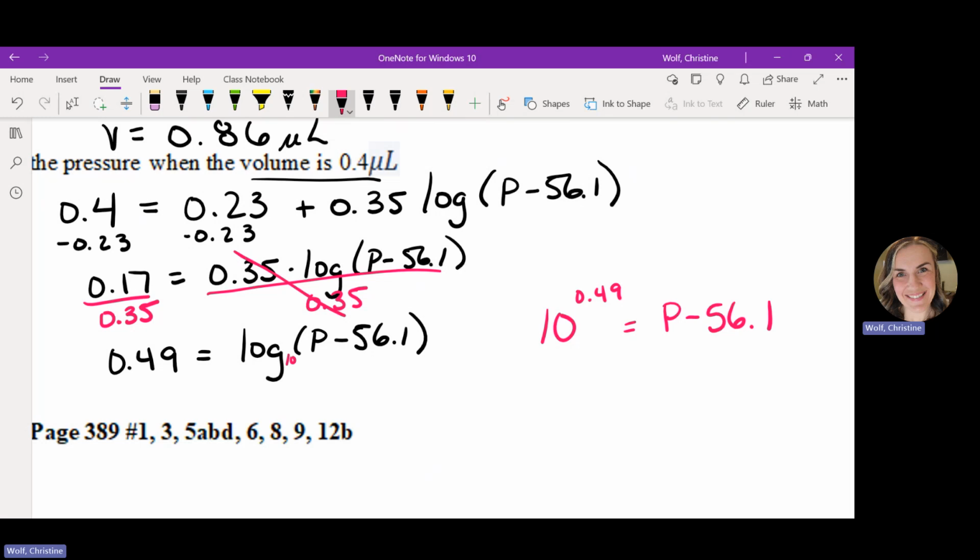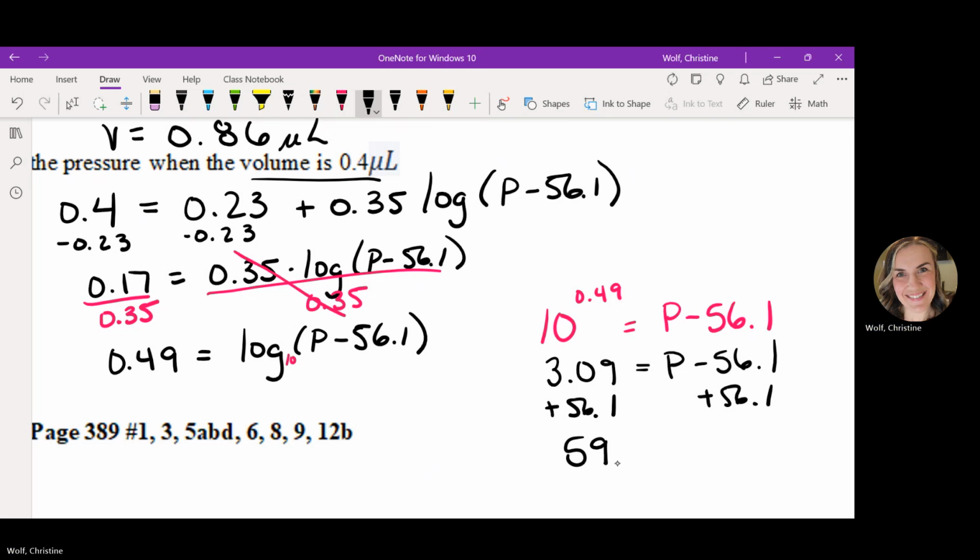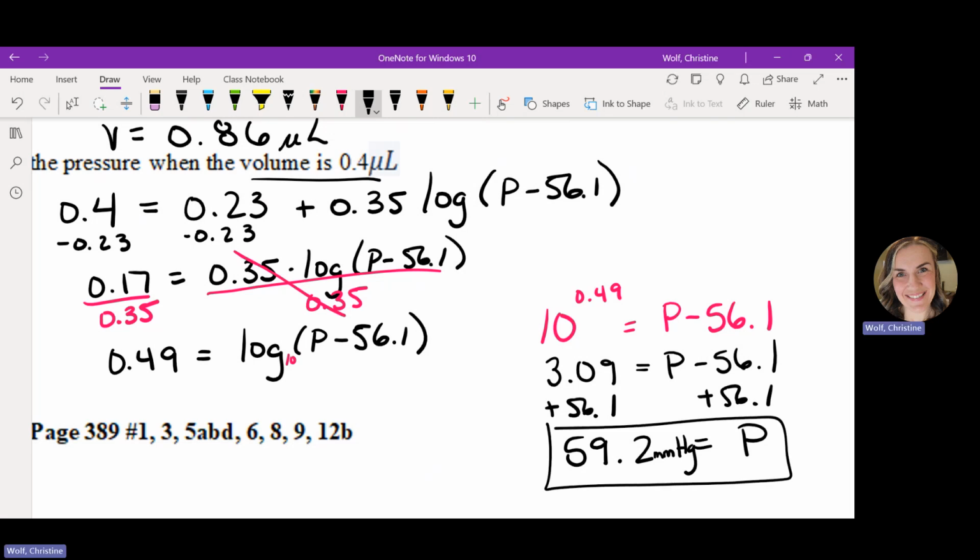So you have to find your power button. 10 to the power of 0.49, you should get 3.09. And if you can't get that, I can help you. And then you just add your 56.1 and you get 59.2-ish equals P. And the unit for pressure is millimeters of mercury. All righty. Okay.